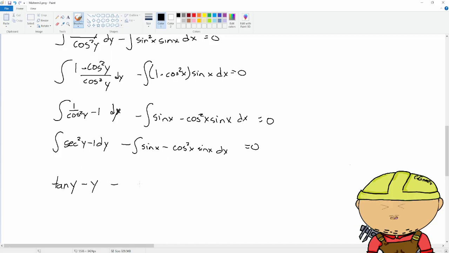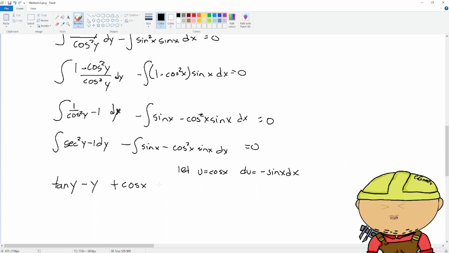Direct integration of sine x is positive cosine x. Direct integration of that, there's no direct integration, but if we let u is equal to cosine x, the differential of cosine x is negative, du is equal to negative sine x dx.